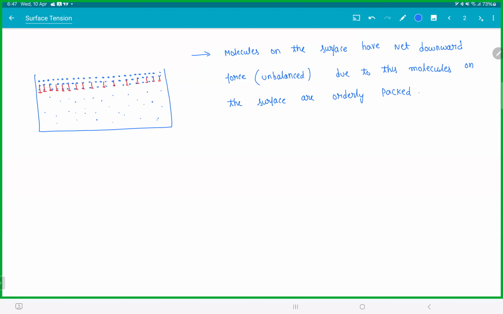Make sense? Yeah, we are neglecting air molecules. Generally, they're pretty few, so we can ignore that. Now, whereas the molecules inside, they're randomly moving because the net force is zero.